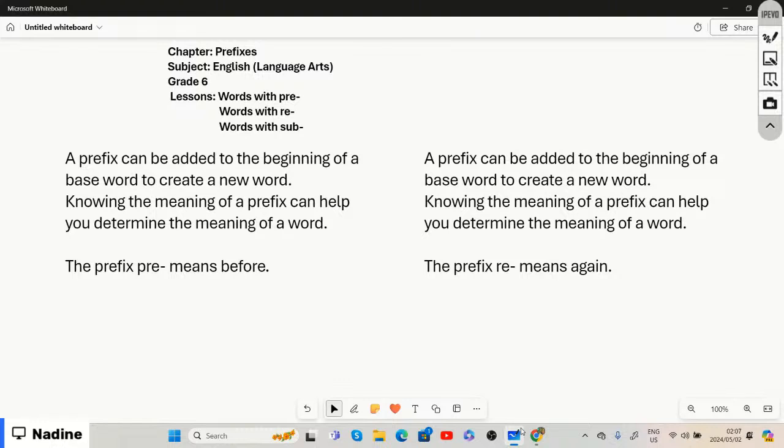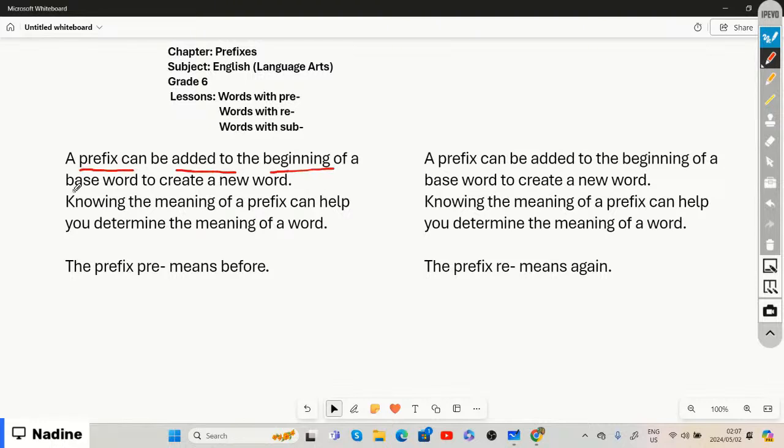And knowing the meaning of a prefix can basically help you to determine the meaning of the word. So basically, a prefix can be added to the beginning of a base word to create a new word, and knowing its meaning can help you to determine the meaning of a word.